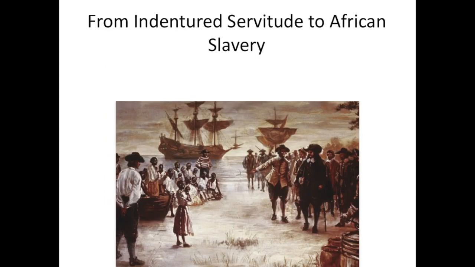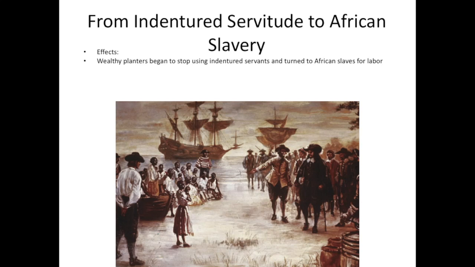So if you're a wealthy planter, you're going to need another option. And that is the significance of Bacon's Rebellion. So the major effect, and this is the part you really need to highlight, both in your notes and in your mind, is that wealthy planters at this point are going to start phasing out the use of indentured servants, and instead they're going to turn to African slaves for labor.